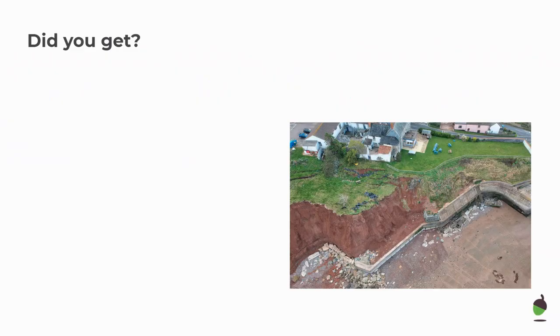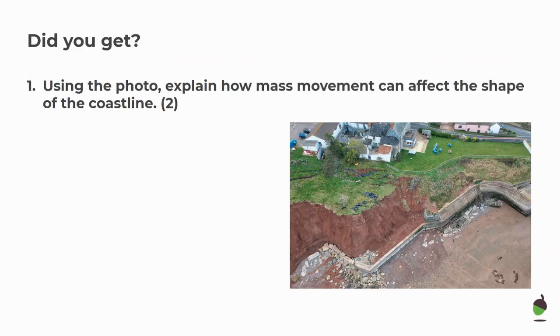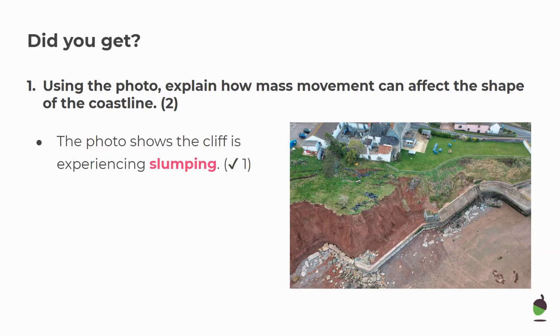Okay, let's see how you got on. Question number 1 was explaining how mass movement can affect the shape of the coastline. Your first mark came from saying that the photo shows the cliff is experiencing slumping. How do we know that? Well, if you look by the White House, just in front of it, you can see that the land has dropped away.